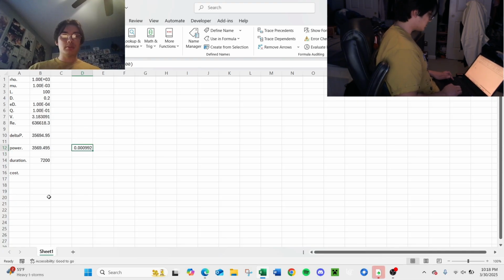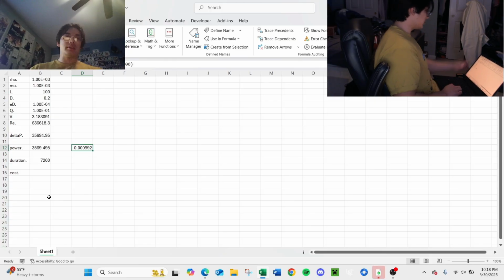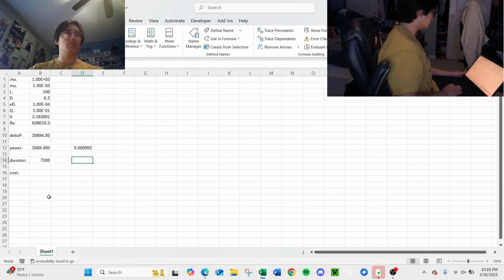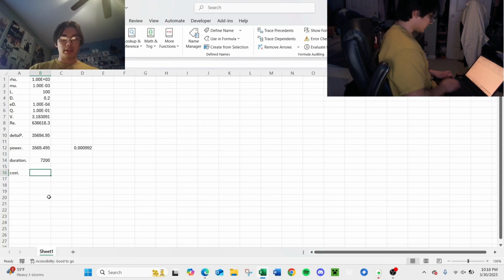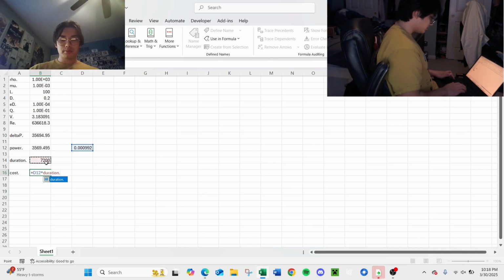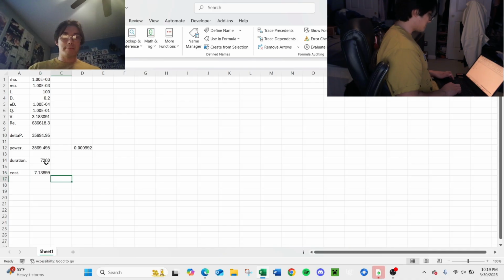So now we have this number, and this is the power in kilowatt hours. So now we multiply that number we just got by the duration. We get 7.14, right?